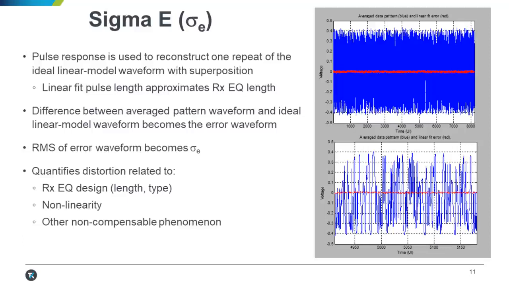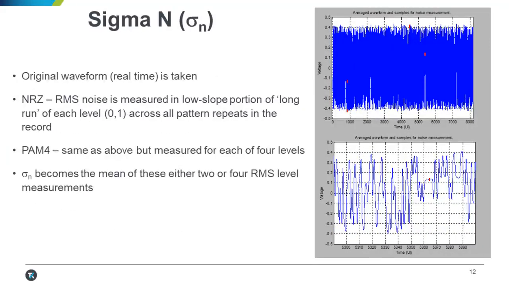Then the RMS of this waveform becomes sigma E. This is a novel aspect of SNDR: we're creating a new bucket and putting some non-compensable aspects in there that had been ignored in earlier signal to noise types of analysis. So, a pretty powerful aspect of SNDR.